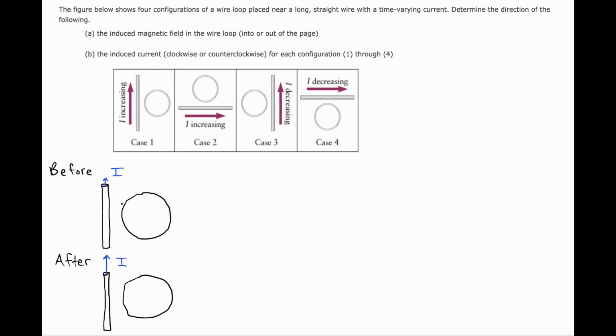So initially you would use the right-hand rule. You would just wrap your fingers around this wire with the right hand, and you would have to let your thumb point up because that's the direction of current.